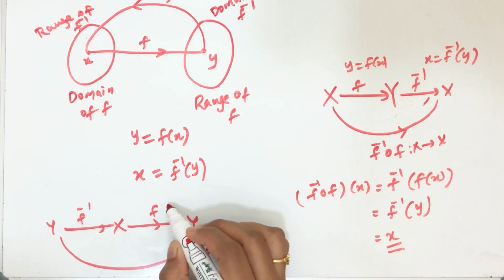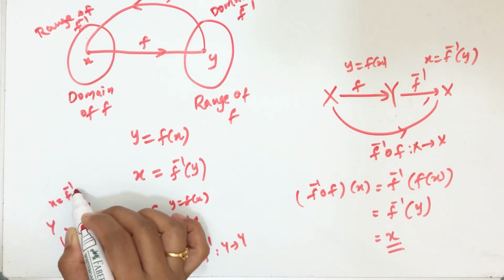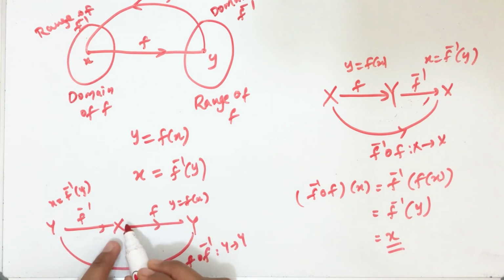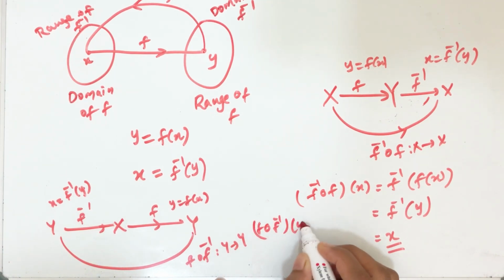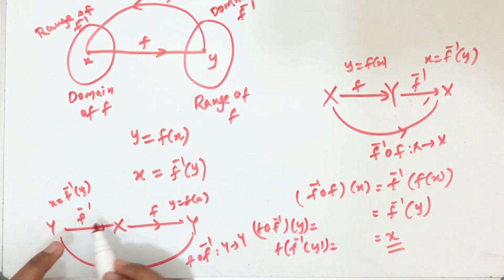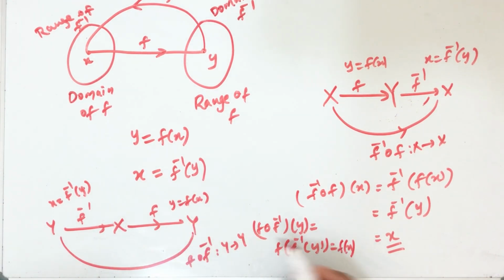Here we can say y equal to f of x, and x is equal to f inverse of y. For f inverse, input is y and output is x. For f, input is x and output is y. Now f composite f inverse of y equals f of f inverse of y by definition. F inverse of y is equal to x, that is f of x, and f of x is equal to y. That is f composite f inverse of y equal to y.